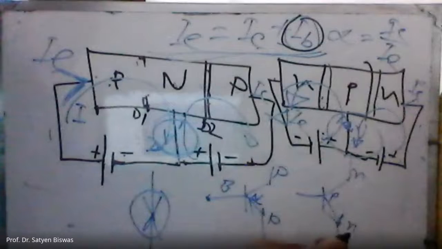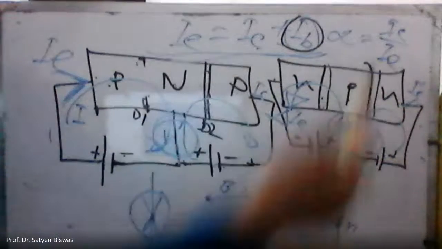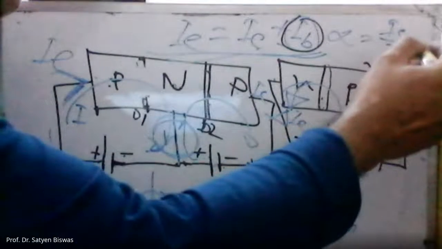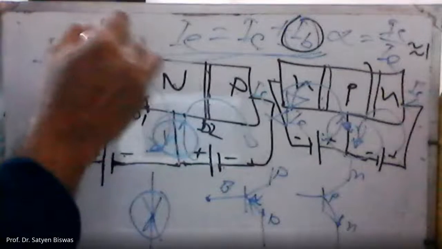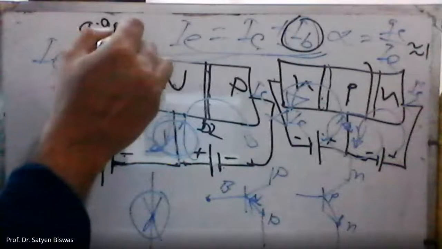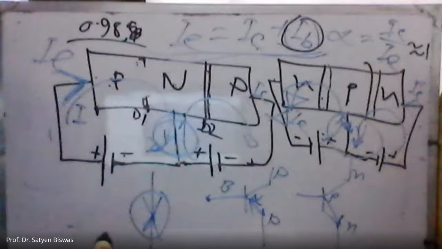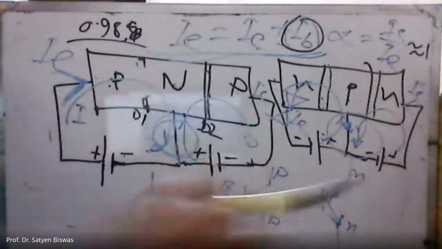If IC and IE are close, then alpha will be close to 1. Normally it's around 0.98.